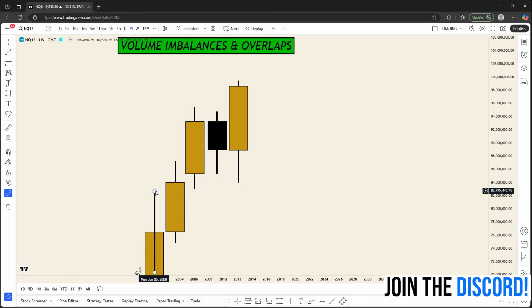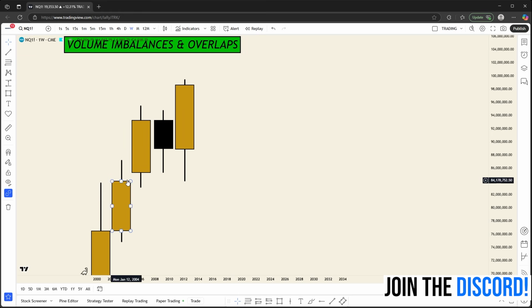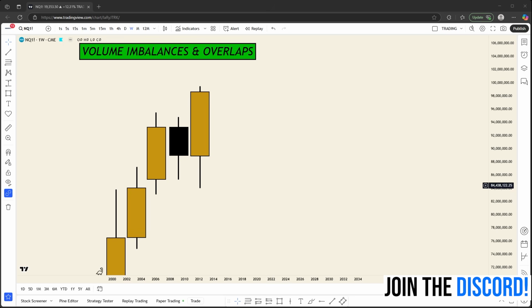There's no fair value gap here because no wicks leave a gap, but you do have a gap between candle bodies. This is caused when a candle closes and then the very next candle gaps up or down, which we'll show bearish examples of as well in a minute. And it leaves this gap between the candle bodies, right?